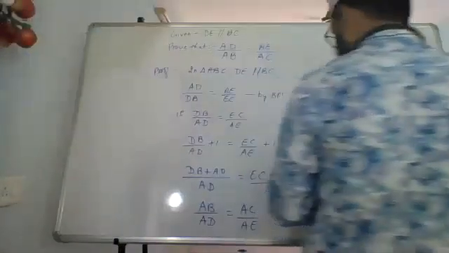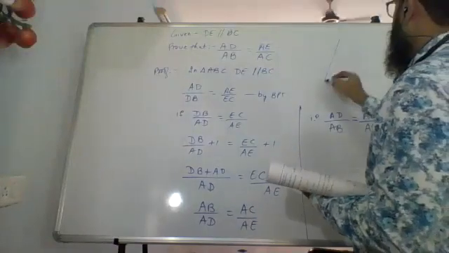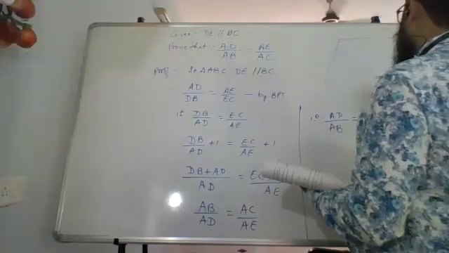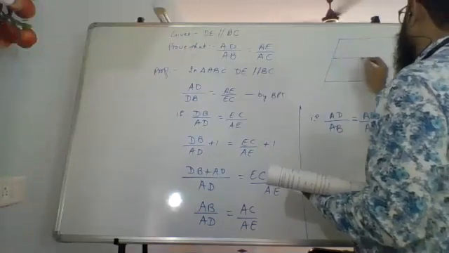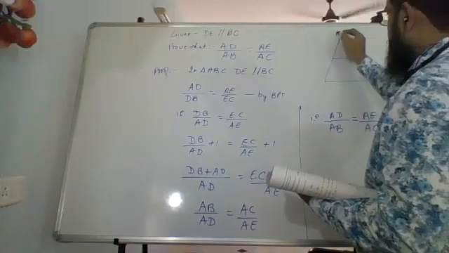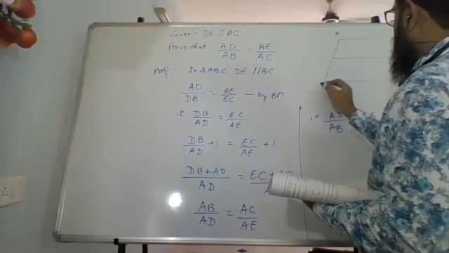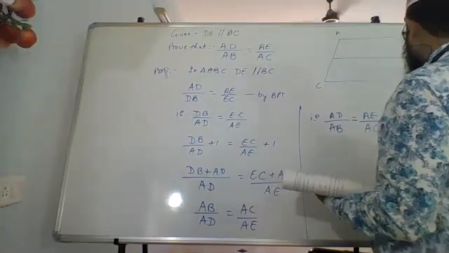ABCD is a trapezium, with A, B, C, and D as its vertices.